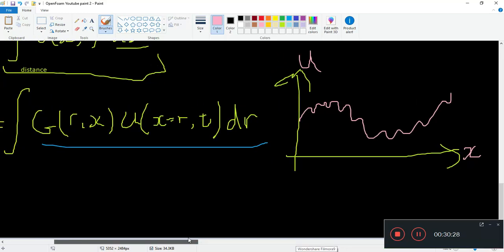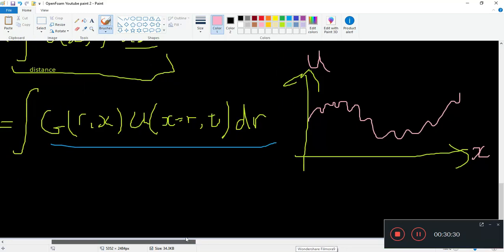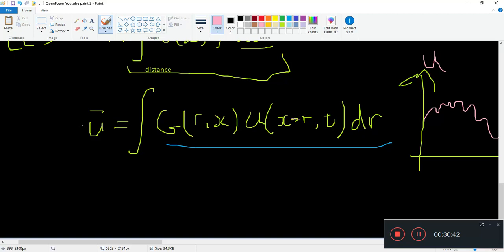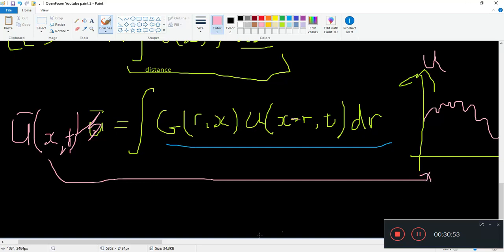You can do it across 3 dimensions of course. And let's say I want to take the filtered velocity at some x value, right? So this is not time averaging, this is distance averaging. So I want to do this. So how do I do it?